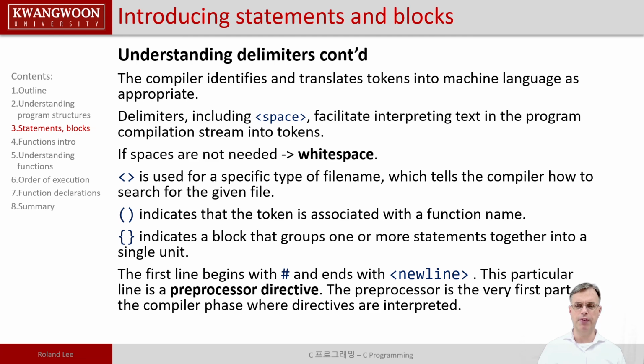The preprocessor is the very first part of the compiler phase where directives are interpreted. In this case, the file name stdio.h is searched and inserted into the program compilation stream, or included just as if the file had been typed into our program.